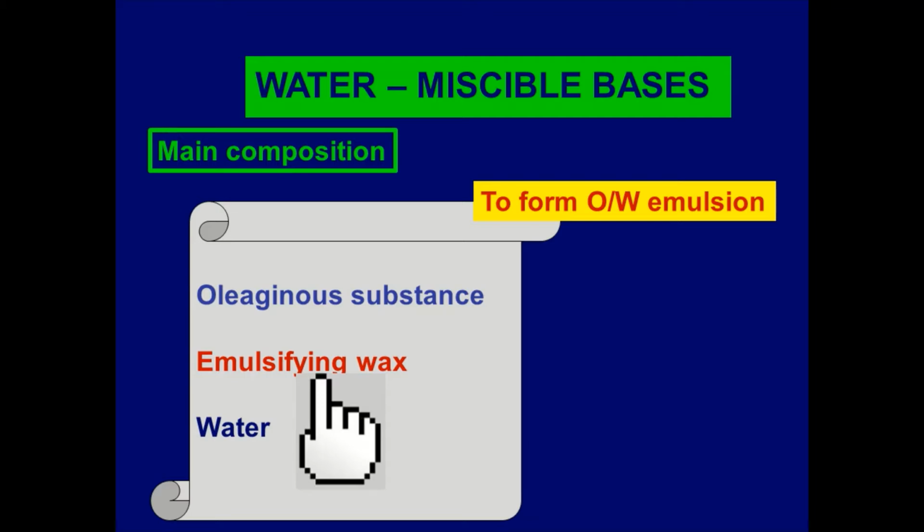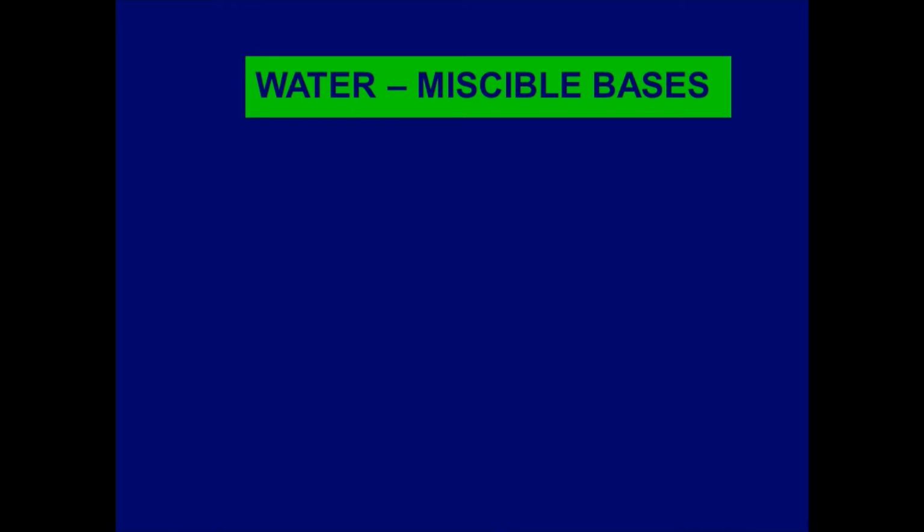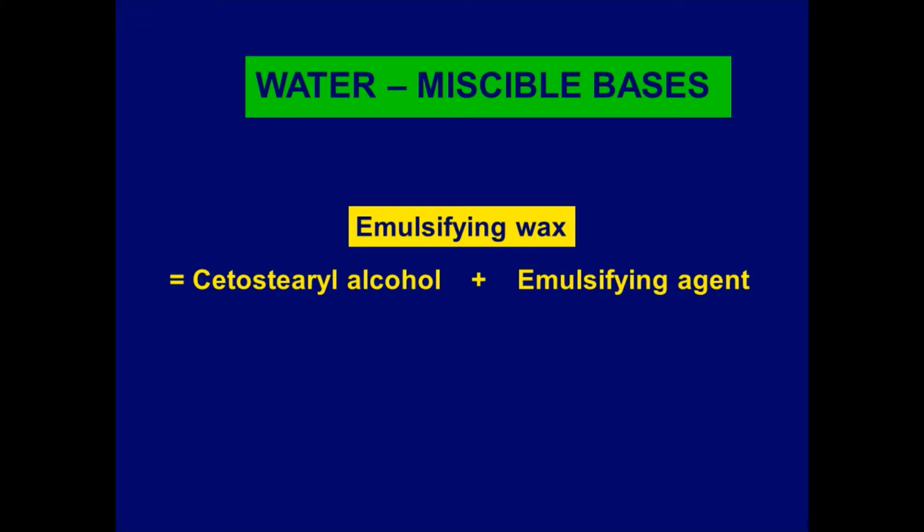Examples of emulsifying wax. We said before that emulsifying wax is produced due to the reaction between cetostearyl alcohol and an emulsifying agent.